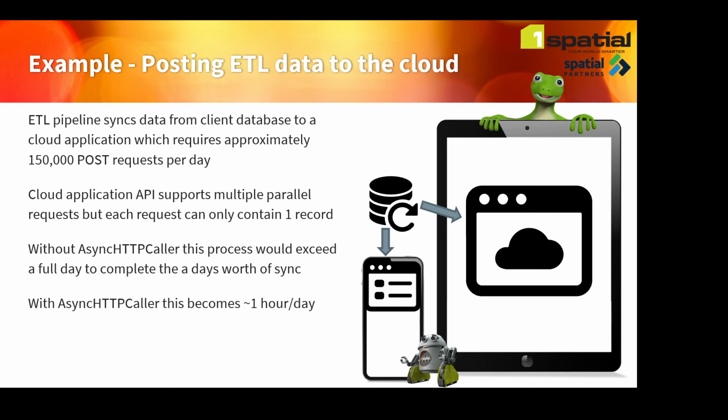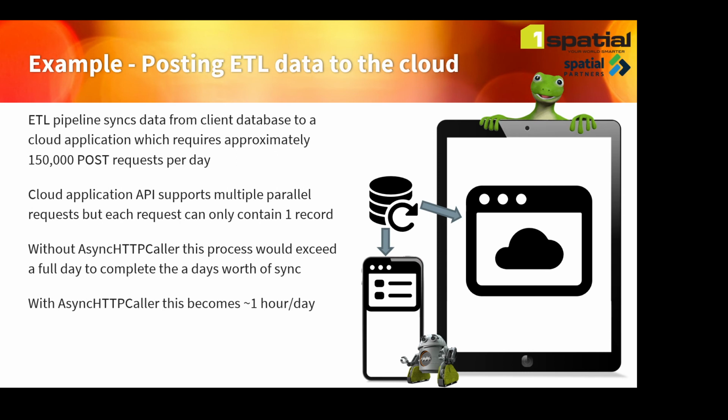Being a third-party API, we could not modify this. But the nature of the complex data model we were syncing from meant that, when we calculated it out, we would be expecting a volume of around 150,000 POST requests per day to maintain synchronization for one day's worth of data.